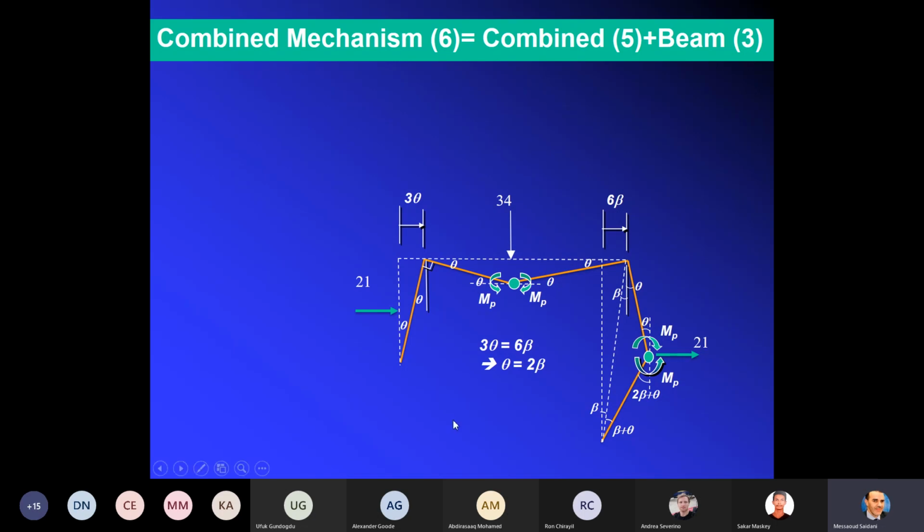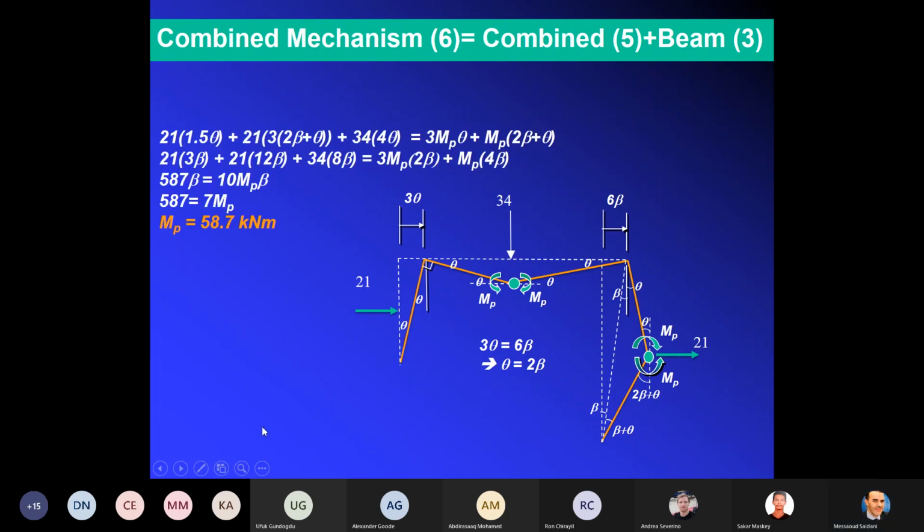All right, now that we've got the angles, the rest is easy because now you can write the external work equal to the internal work. Okay, let's do it.